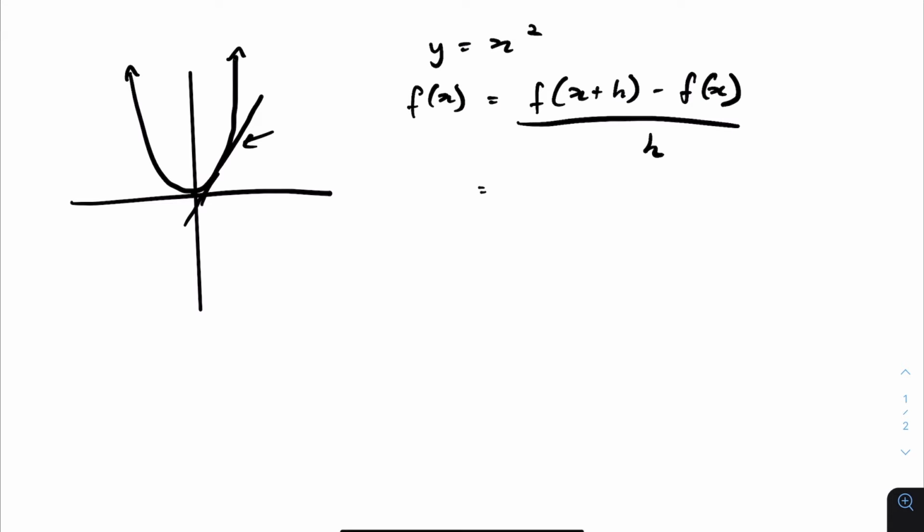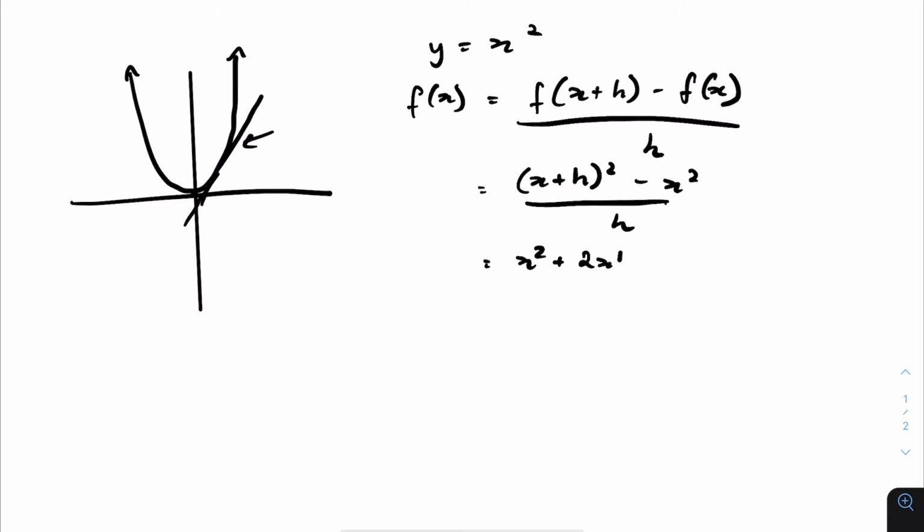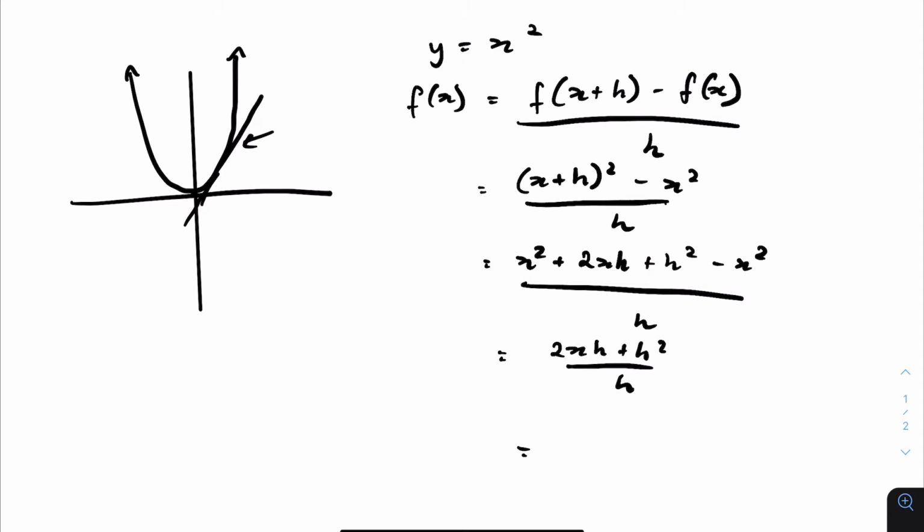In this case, it would be x plus h squared minus x squared over h, which is equal to x squared plus 2xh plus h squared minus x squared over h, which is equal to 2xh plus h squared over h, which is equal to 2x plus h, where we know, using limits, that h is tending to 0. So if we substitute 0 into h here, we get 2x. And that's just differentiating the function.